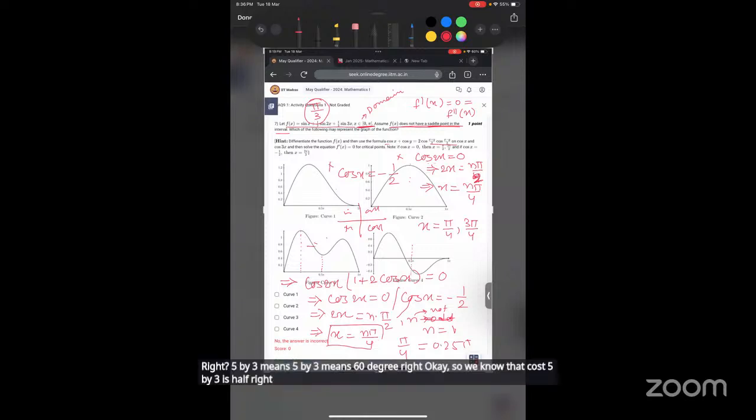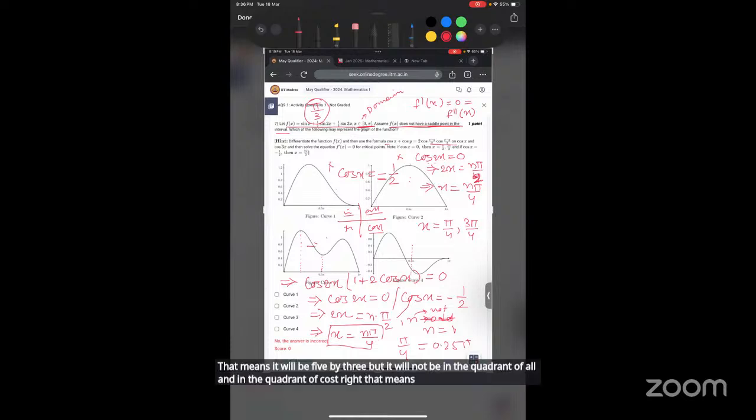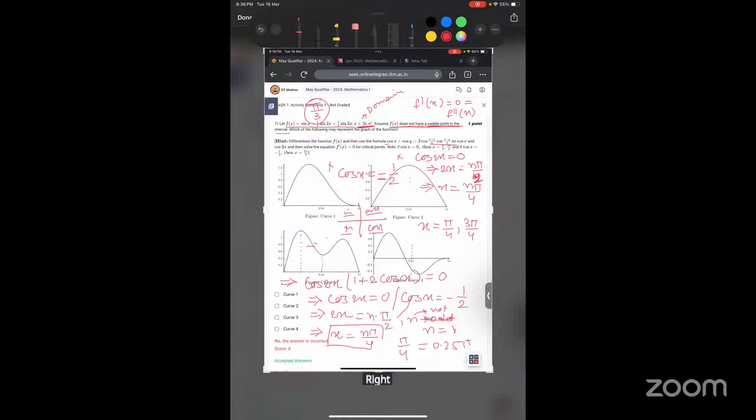Now what can we do? Because it is minus half, it will be pi by 3, but it will not be in the quadrant of all and cos, right? That means it will be in sine or tan. Then only the value will be minus, right? So that's why you have to discard that. It will not be in this graph. It is not there.